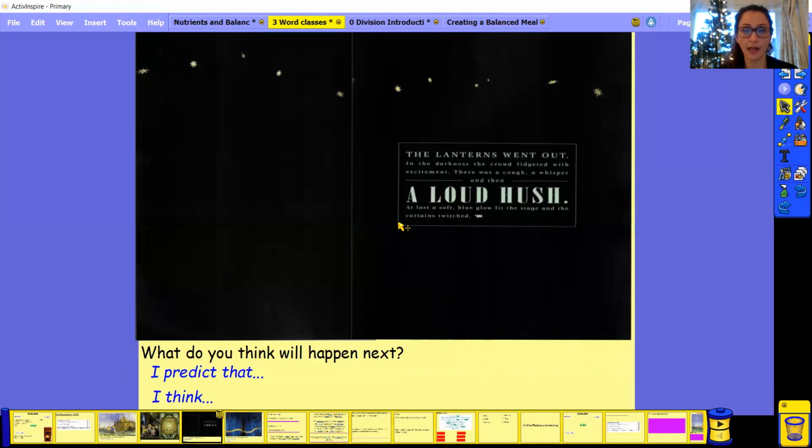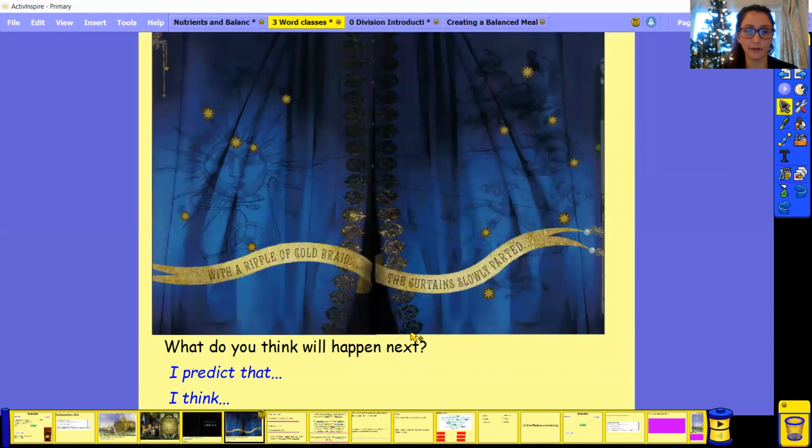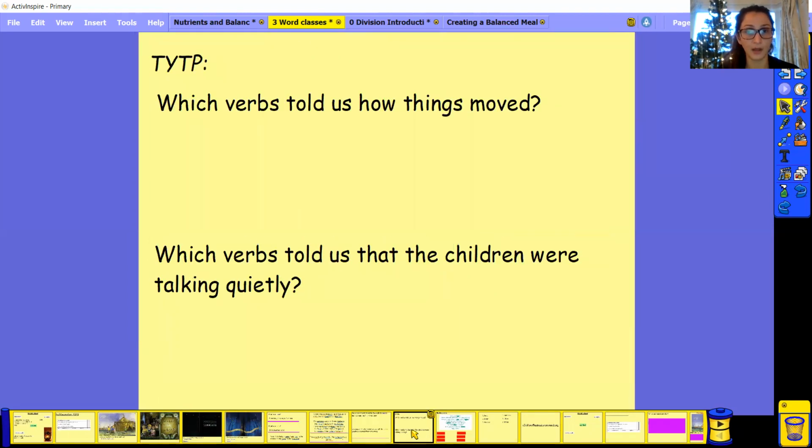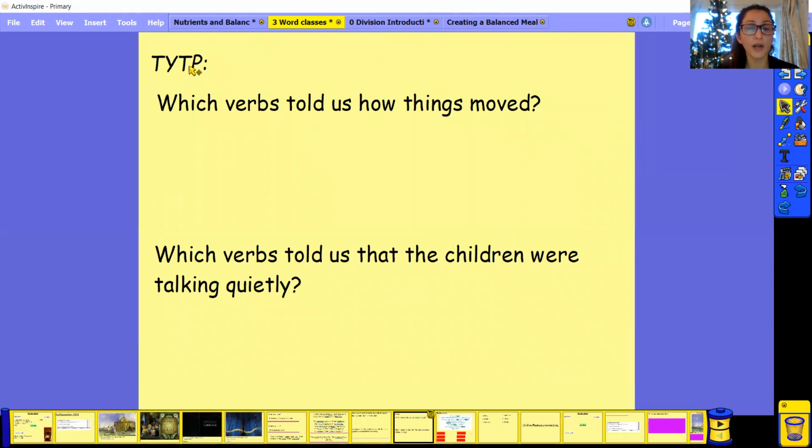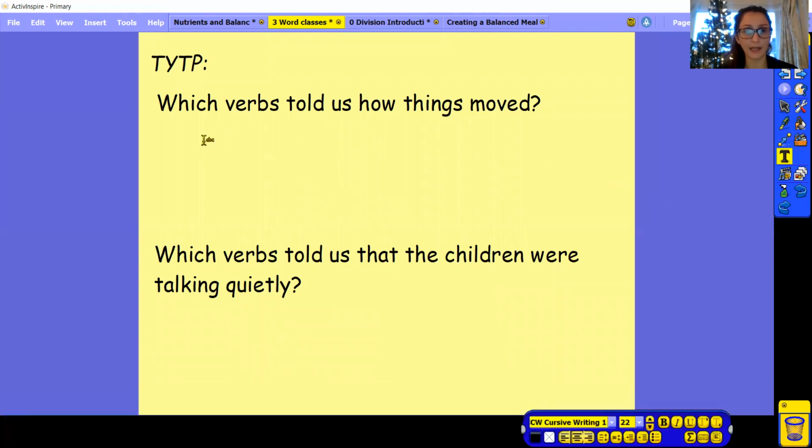Have a look if you can see any verbs or action words here. Okay, well done. So, which verbs tell us how things moved? Okay, so we have words maybe like twitched.